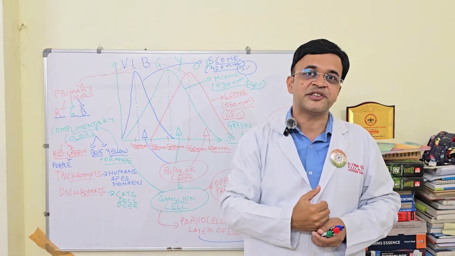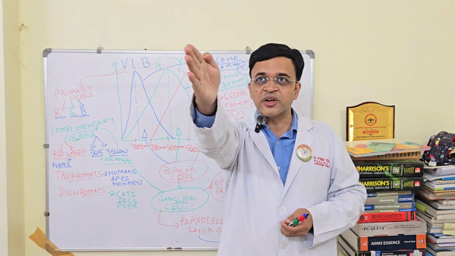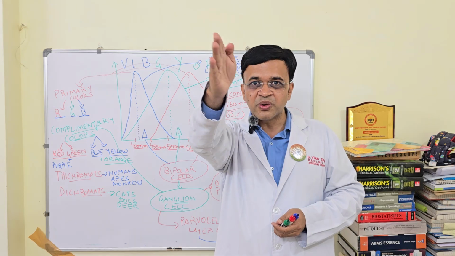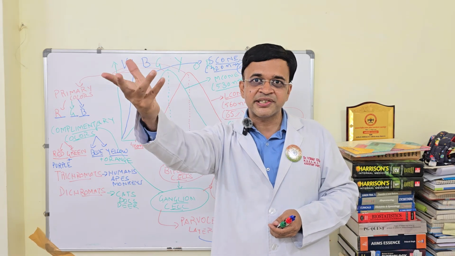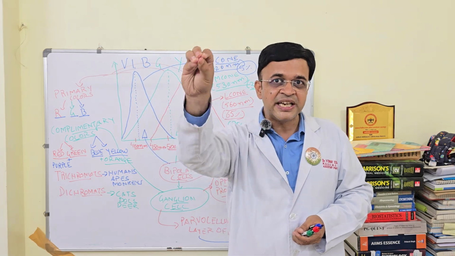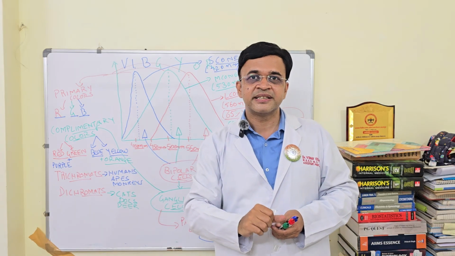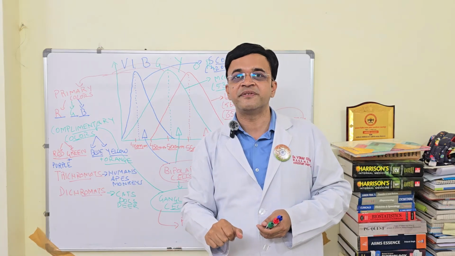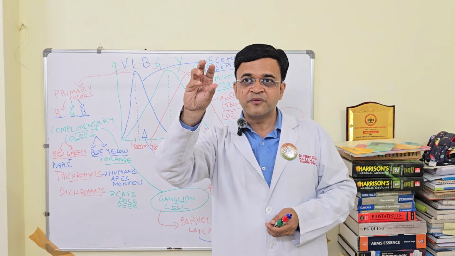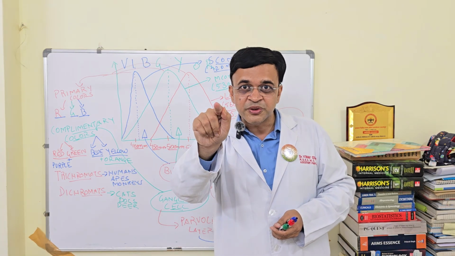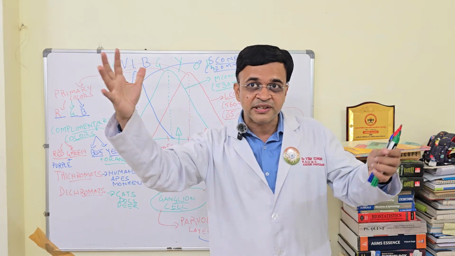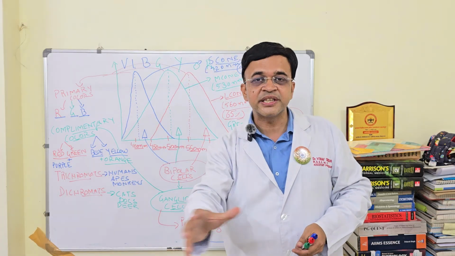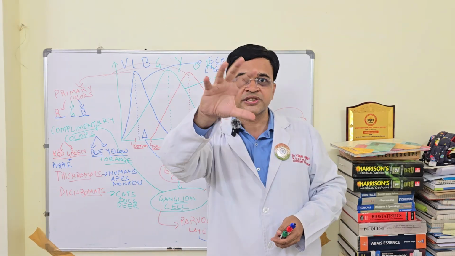This is very similar to the blind spot. All of us carry a blind spot 12 to 15 degrees temporal to our center of vision, but we never see it because the brain is continuously filling that blind spot, right? Similarly, we have got a blind spot for blue color at the center of our vision, but we don't see it because the brain is continuously filling the information using the information from the surrounding.